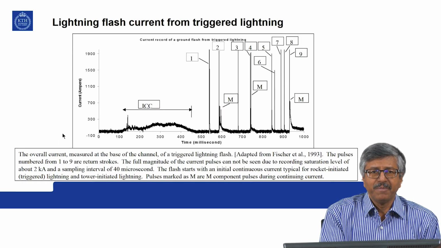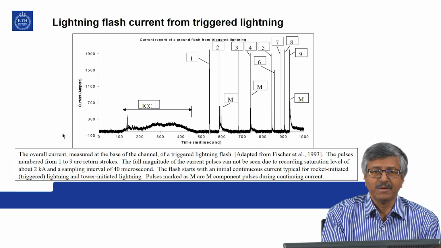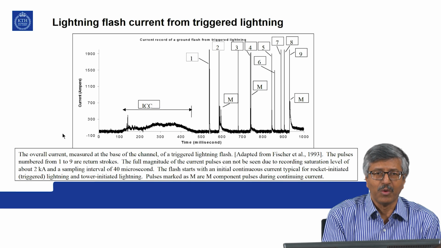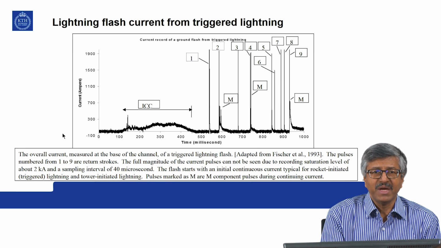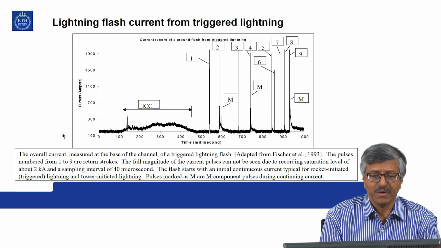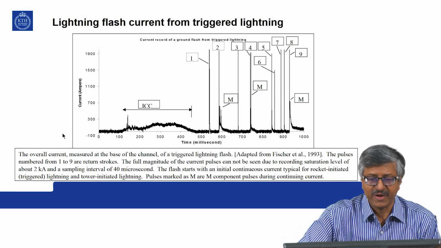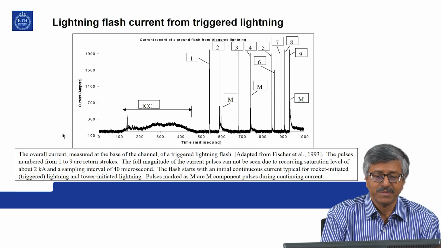Now, previously we have seen the process of triggered lightning by shooting a small rocket upward with a trailing wire, and lightning can be artificially triggered with those type of technique from thunderclouds.